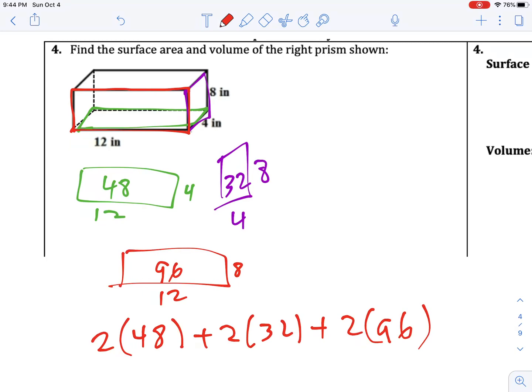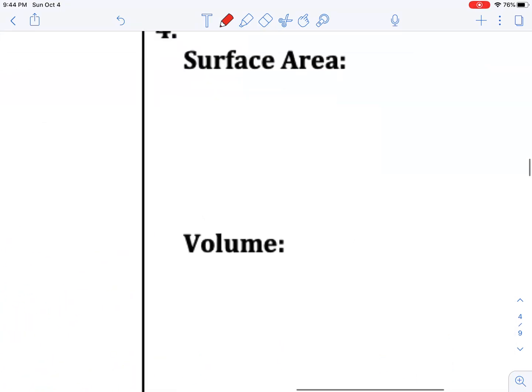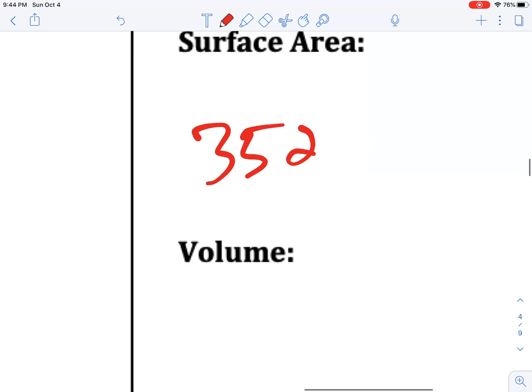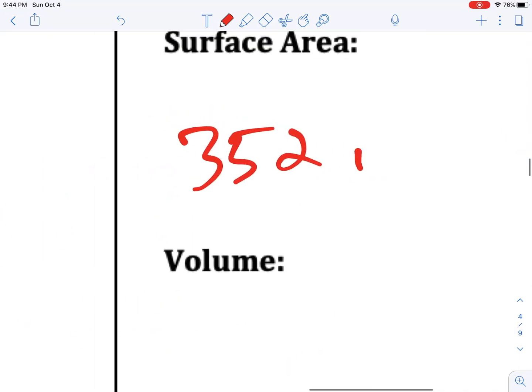And then add all that up. That's going to be our final surface area for the prism. And I'm just recalculating here quick before I give you guys the answer. Hopefully you already have it done. If you don't, spoiler alert, it's 352 square inches.